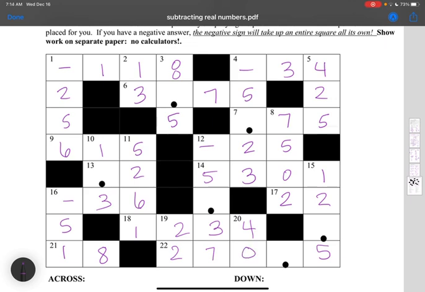All right, I think I found all of them. Go ahead and hit pause there so that while you work through the activity, you have the answer key there.